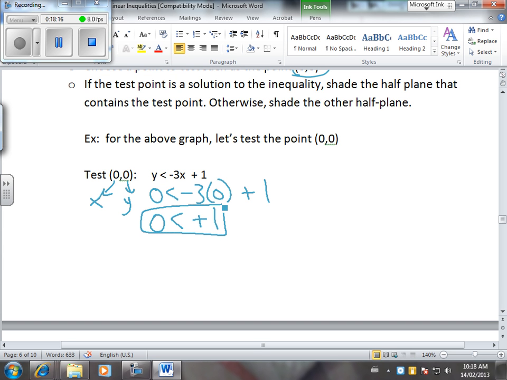Is this true or not? It is true. Therefore, this is a valid solution.